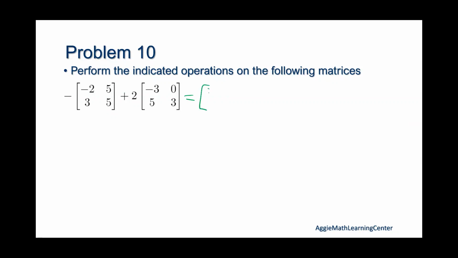So that's gonna give us 2, -5, -3, +5, -5, and then plus -6, 2 times 0 is still 0, 10, and 6. Okay, and then we just add them entry by entry.